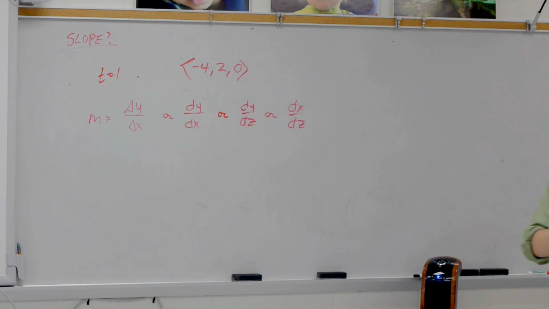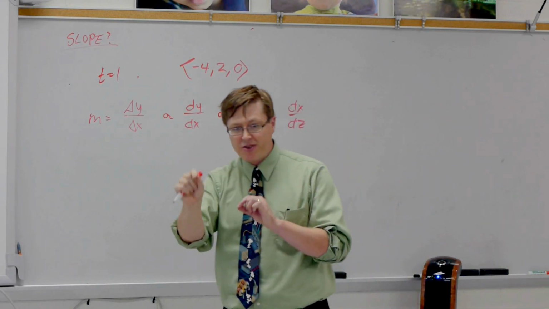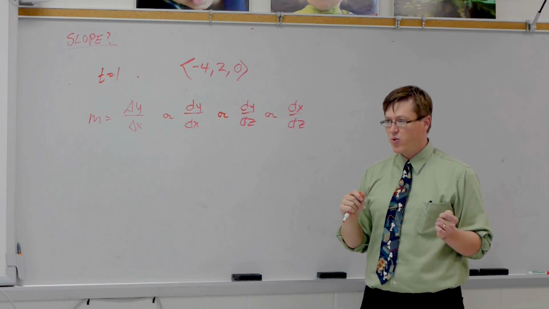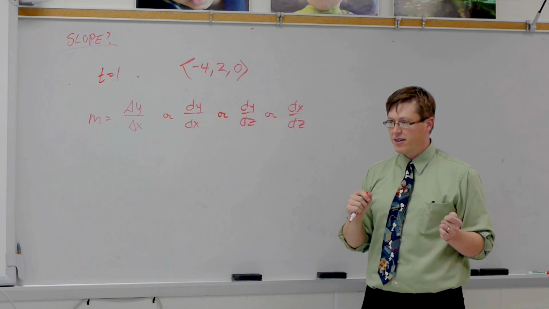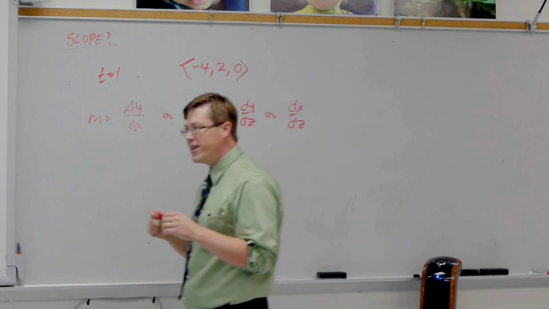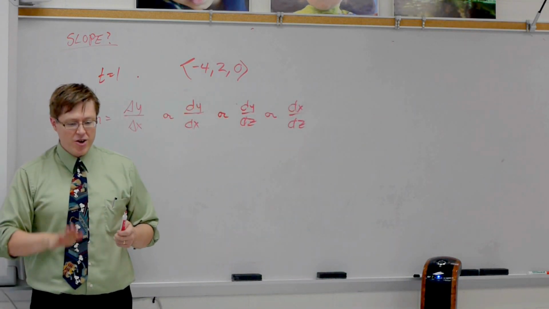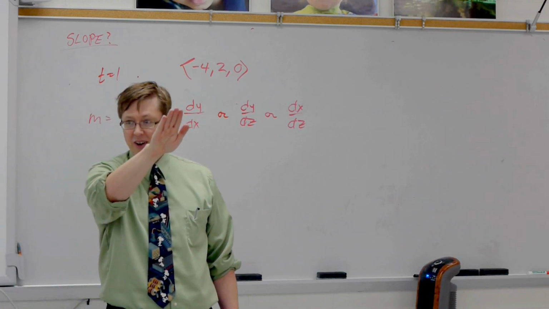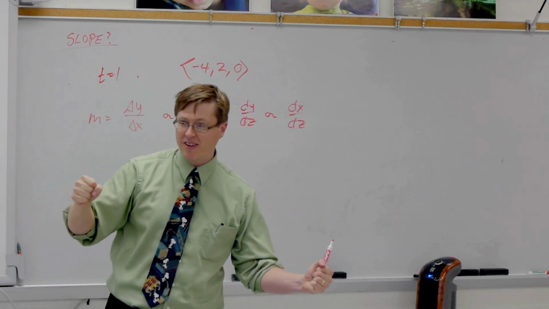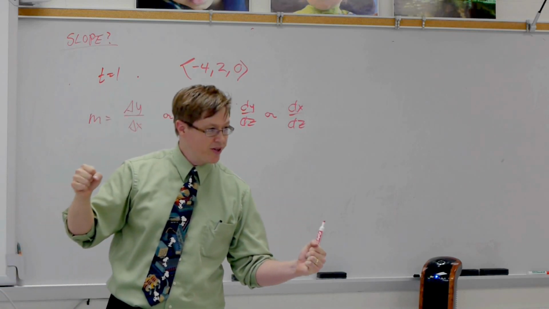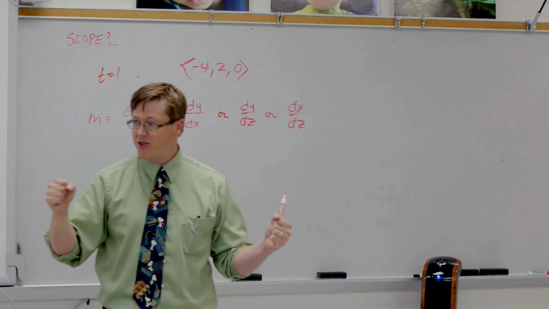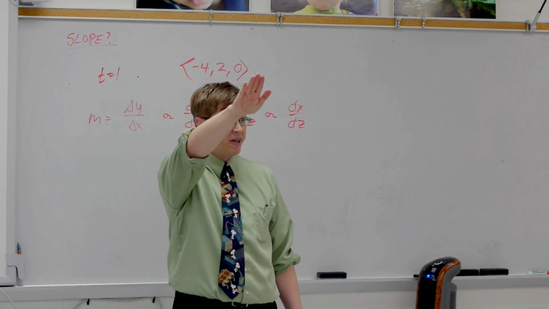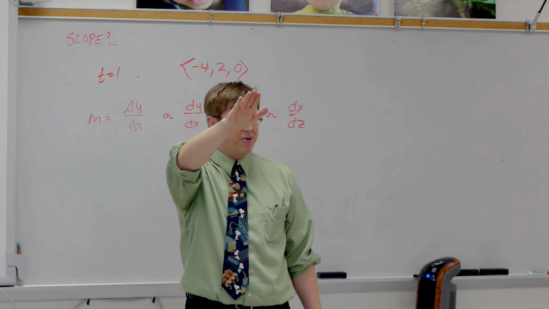So in some sense, as soon as I jump from 2 dimensions to 3, all of a sudden I have 3 slopes to worry about. Does that make sense? Think about a road. You can be going up a hill, so there's definitely a slope going up the hill, but the road can still be level, right? Without a tilt to the left or the right. So if I asked you for the slope of that road, it would depend on which way you're measuring. If you're measuring straight up, you might say the slope is 2.